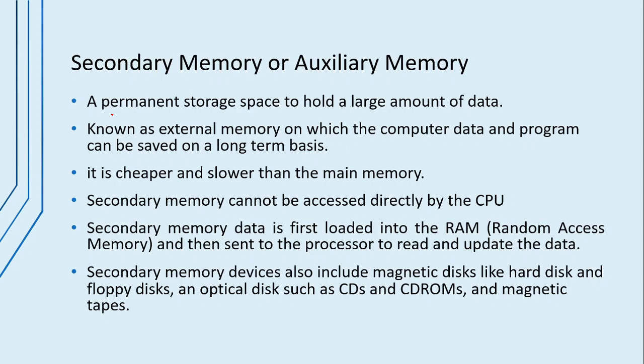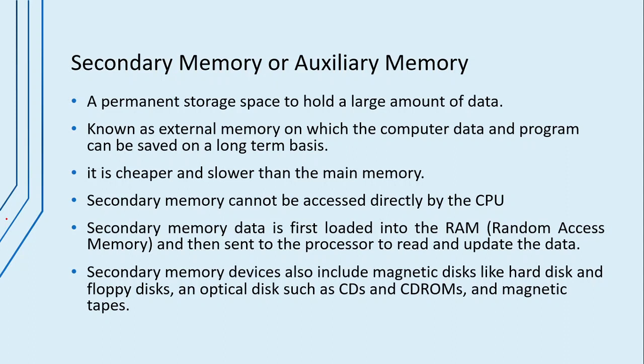So whenever you want to access data from the CPU, first your data will be copied into main memory, then it is transferred to the required registers. So to communicate with the secondary memory, main memory is required.